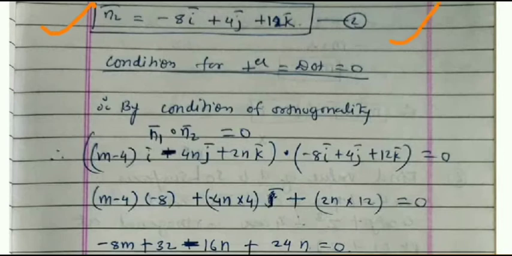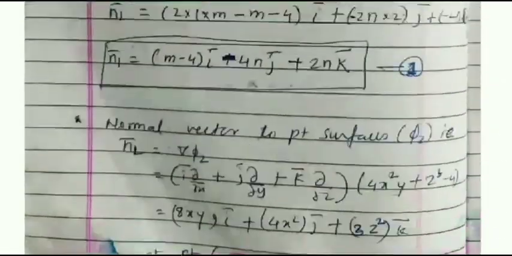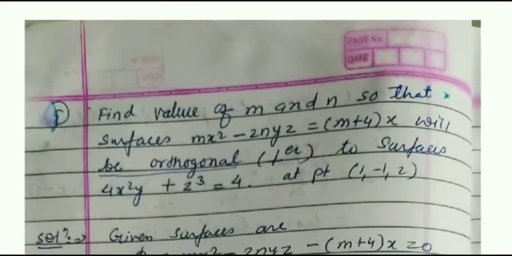Now we are given that these two surfaces are orthogonal, meaning the first surface is orthogonal to the second surface.